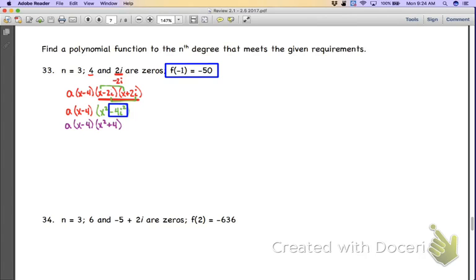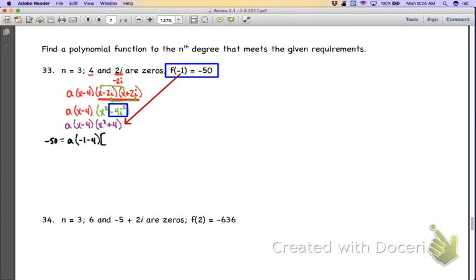What I would probably suggest is now taking this -1 and that -50 and plugging it in to figure out what a is. So if I'm going to rewrite this, I'm going to have -50 equals a times -1 minus 4.